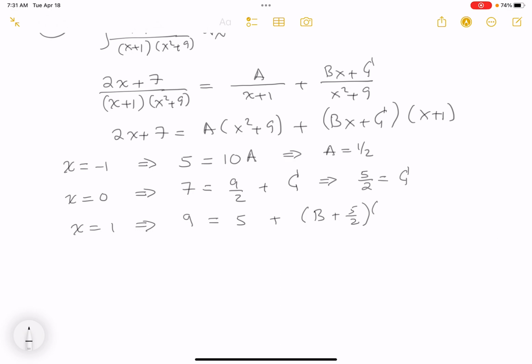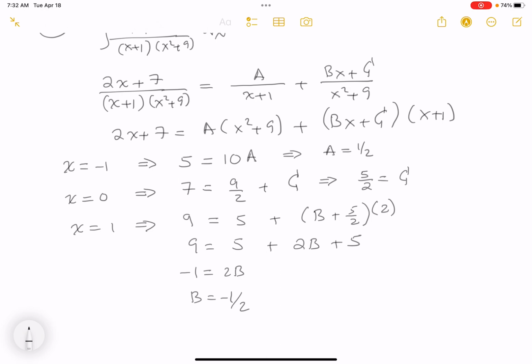And again, if x is 1, I get a 2 over here. Well, this doesn't look so bad. 9 equals 5 plus 2B plus 5. And what do you get there? 5 plus 5 is 10. So you get minus 1 equals 2B, or B equals minus 1. All right? I'm sorry, minus 1/2.